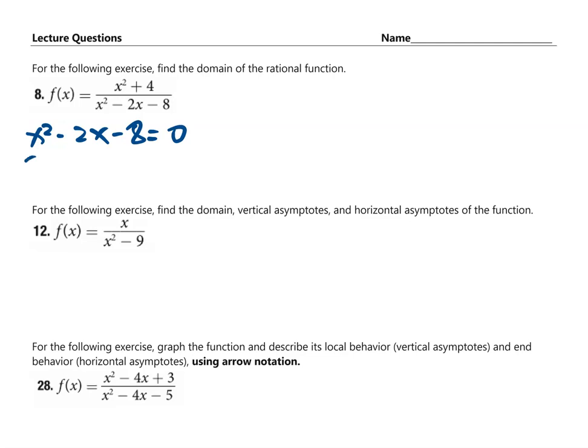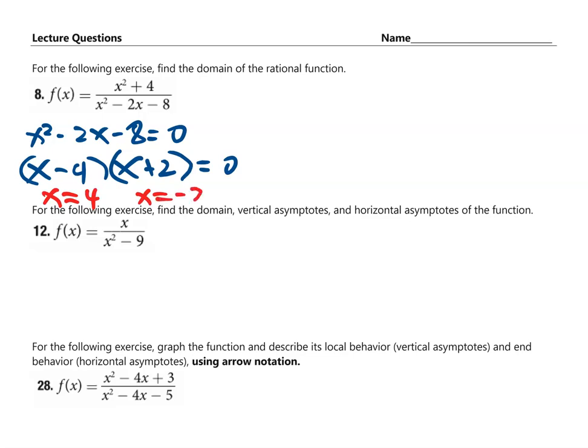Find the factors. x squared, x times x. Find two numbers that when you multiply is negative 8, and when you add is negative 2. Yes, that's negative 4 and positive 2. So meaning we have x equals 4 and x equals negative 2.